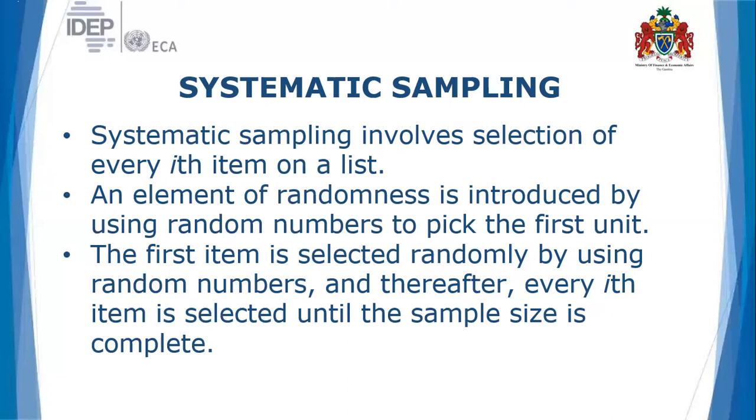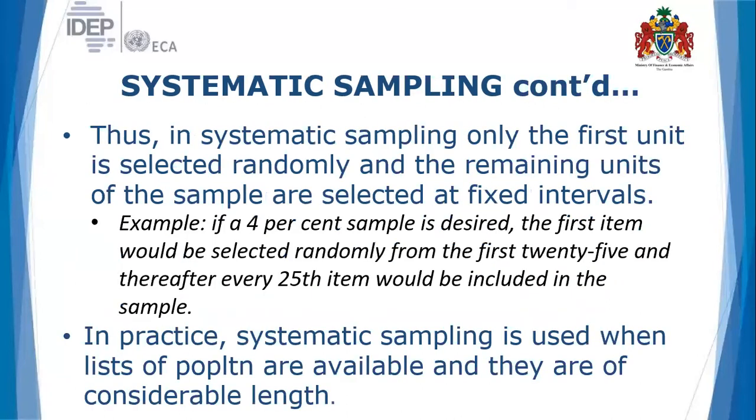So the first unit is picked randomly by using random numbers. Thereafter, every ith item is selected until the sample is completed. Thus, in systematic sampling, only the first element is selected randomly. The rest are selected at fixed intervals.